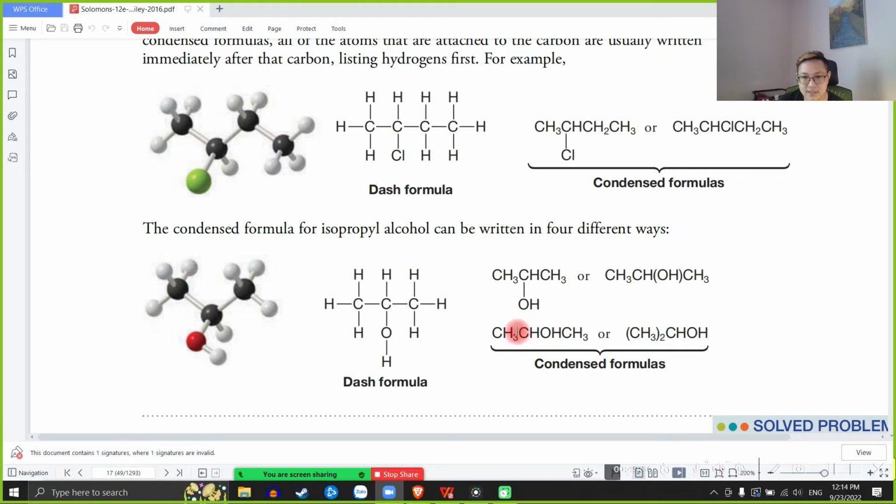But for this condensed formula, it's difficult to know, right? So it's important to keep in mind that some condensed formulas are really difficult to read exactly. You can write it like this because they both have CH3 on the left and on the right. So you can write CH3 2 times, and then CH, and then OH. The structure on the right is easier to see compared to the one on the left.